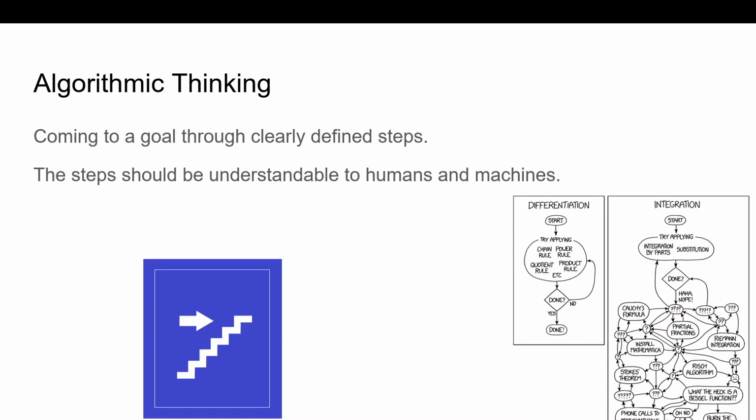We start with one of those rules, integrating by parts or substitution. And if we are done, yes. But if not, we then start with all of the remaining different aspects of integration, trying to find a solution. So on the left-hand side, the differentiation part, this is actually something that could be called an algorithm because we have clearly defined steps.